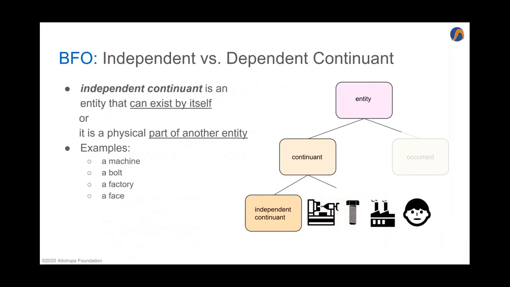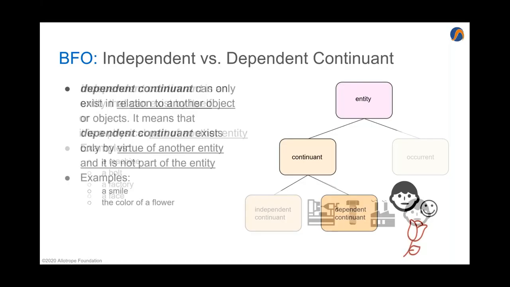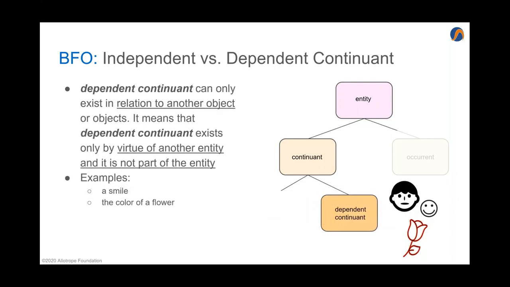An independent continuant is an entity that can exist by itself, or possibly it is a physical part of another entity: a machine, a bolt, a factory. A face is part of your body, so it's an independent continuant. While a dependent continuant can only exist in relation to another object.